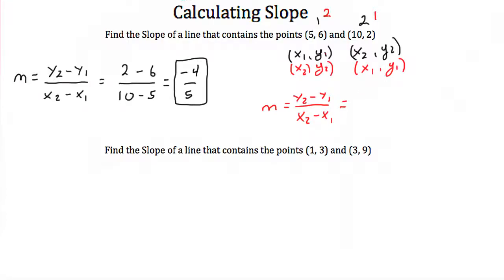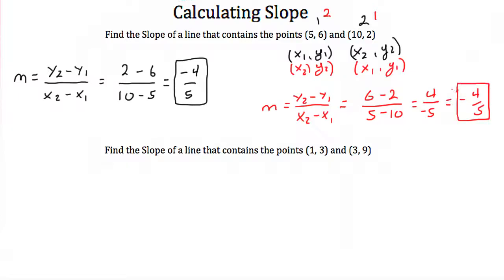So y2 in this case would be equal to 6. Our y1 would be equal to 2. Our x2 would be equal to 5. And our x1 would be equal to 10. So we would end up with 4 over negative 5, or negative 4/5.